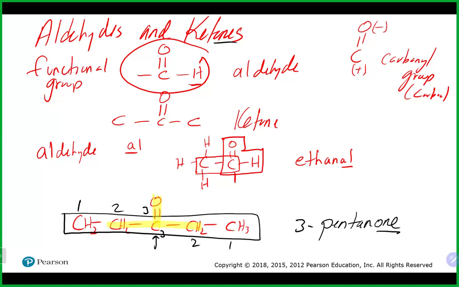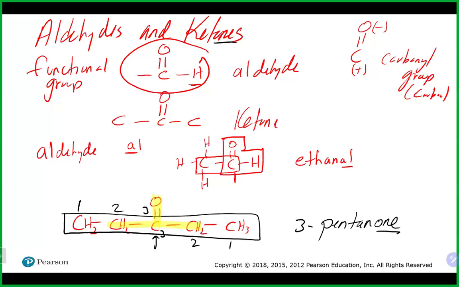So this would be 3-pentanone in this particular case. When you do need to give the number for the carbon-oxygen double bond in a ketone, the smallest number is the preference. Once you lock in your numbering for your carbonyl group, anybody else that's attached is numbered accordingly based off of that.